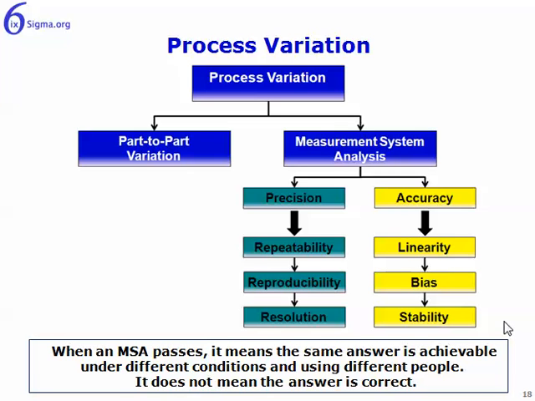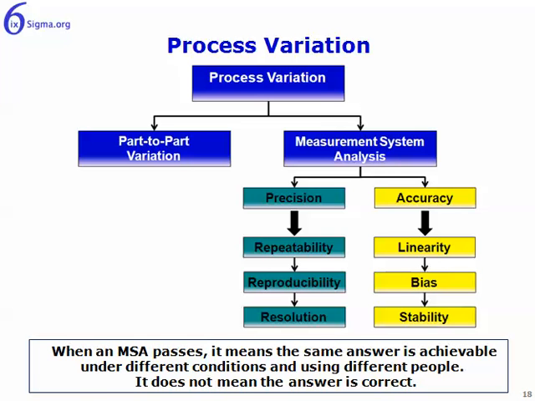So while the MSA, at least in the context of this training, we don't address gauge calibration, it's not something to overlook. There is a high probability that you've got people in your organization who do set up gauges and look after gauge calibration.